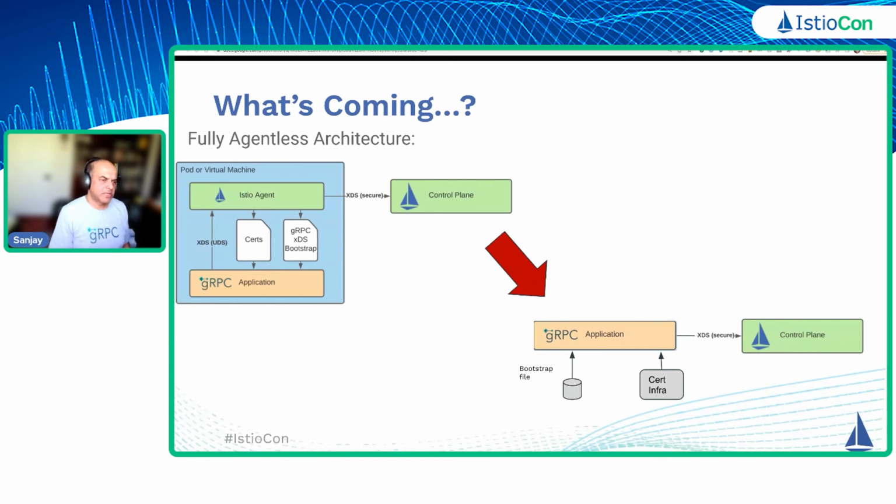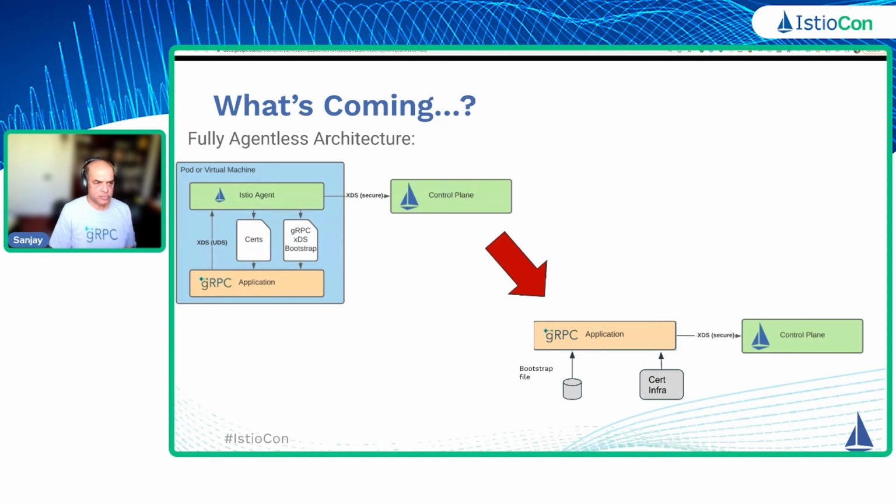I briefly talked about the Istio agent in a previous slide. Currently, Proxyless gRPC in Istio still requires the Istio agent. The agent does bootstrap generation, certificates, and key generation, and it also acts as the XDS proxy.